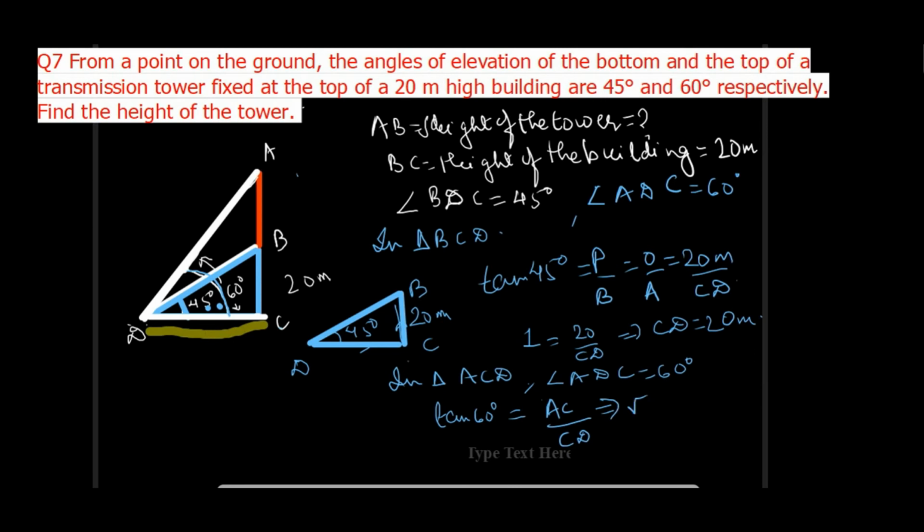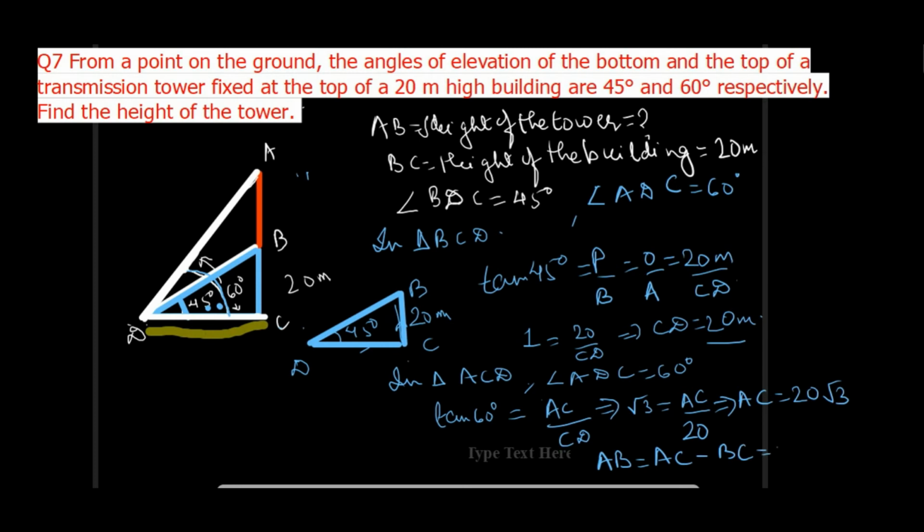Tan 60 degree is √3. AC we don't know, CD we calculated as 20 meter. Okay, so AC will be 20 root 3. So now we know AC, now we know this complete AC we know. Okay, so we know AC, so how will we find AB? So AB will be AC minus BC.